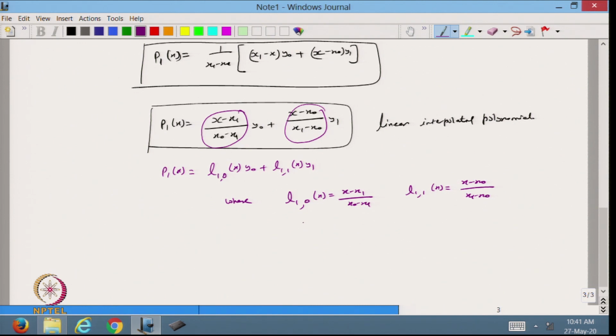So, these two factors are called Lagrange's fundamental polynomials.